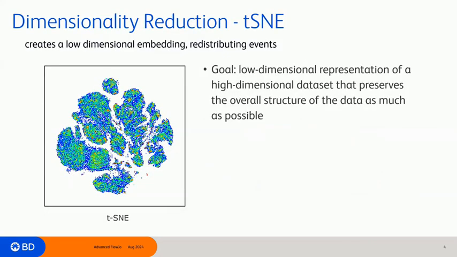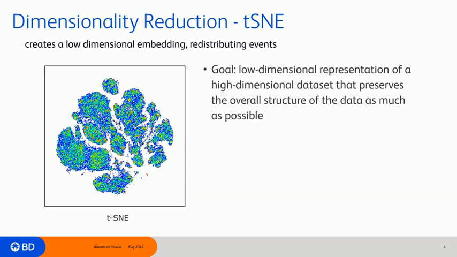So dimensionality reduction in general, the goal here is to create a low dimensional representation of our high dimensional data set that preserves the overall structure of the data as much as possible, right?